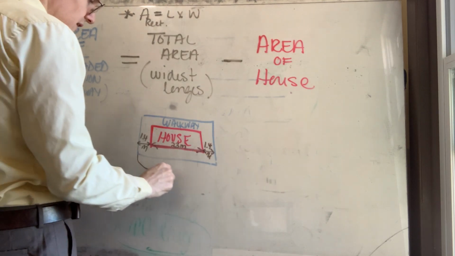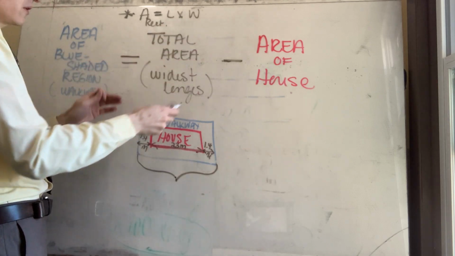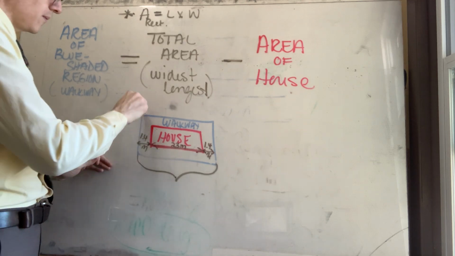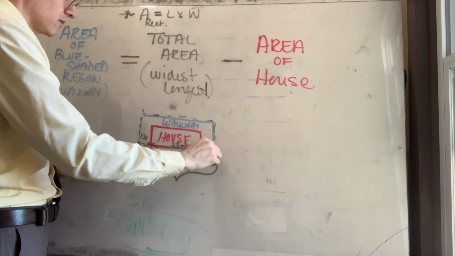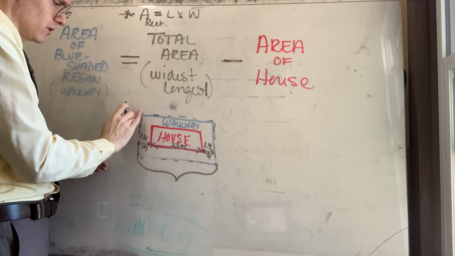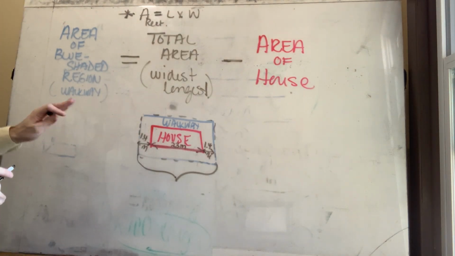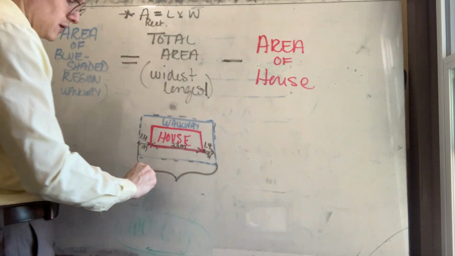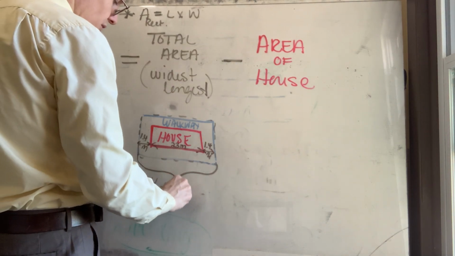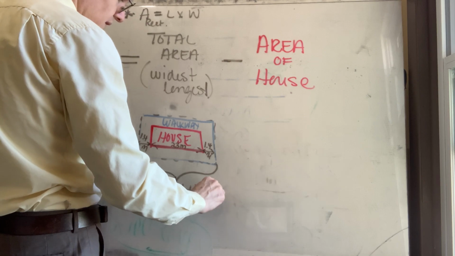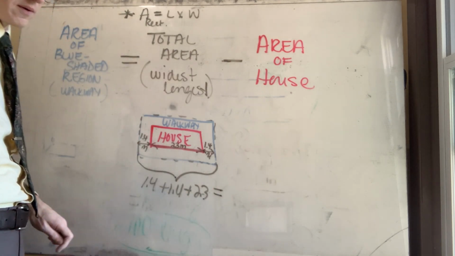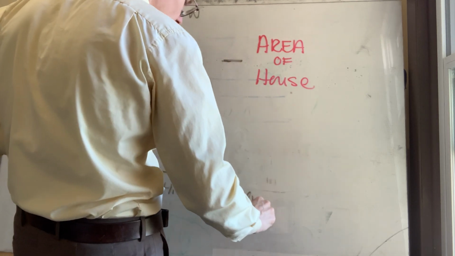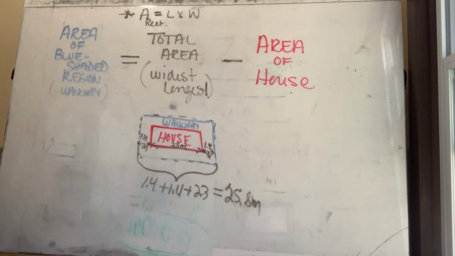So if you wanted to get the total area, that is the widest and longest lengths and widths, basically from here all the way around, the blue region, it's incorporating both of those things. It would be 1.4 plus 1.4 plus 23, which would be 25.8 meters in total width.